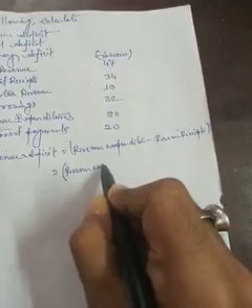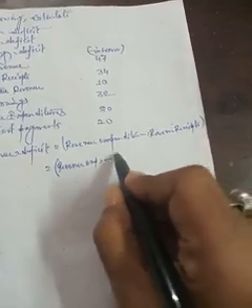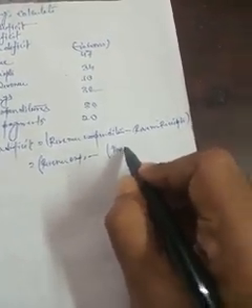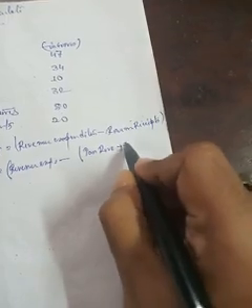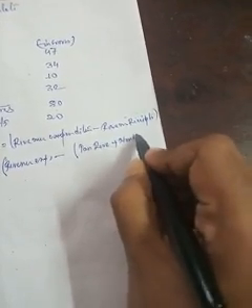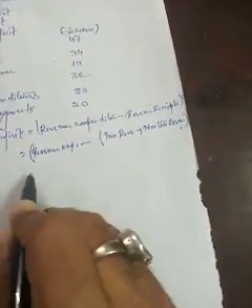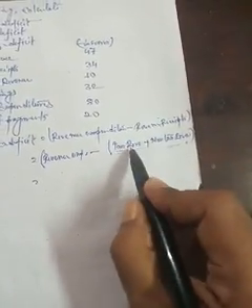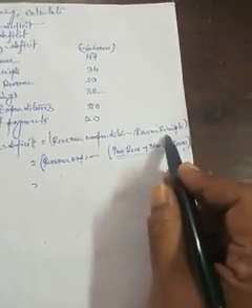revenue expenditure minus tax revenue plus non-tax revenue. This is the total. If you add this tax revenue and non-tax revenue, then you get the revenue receipts.